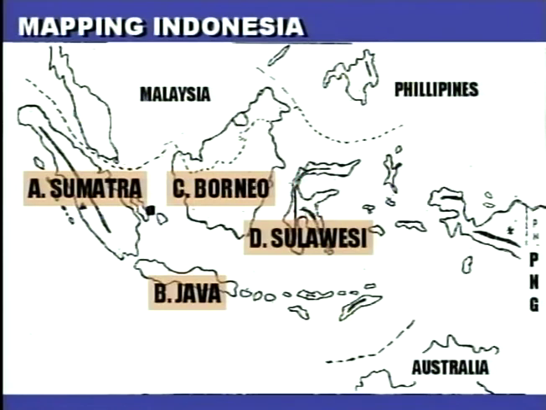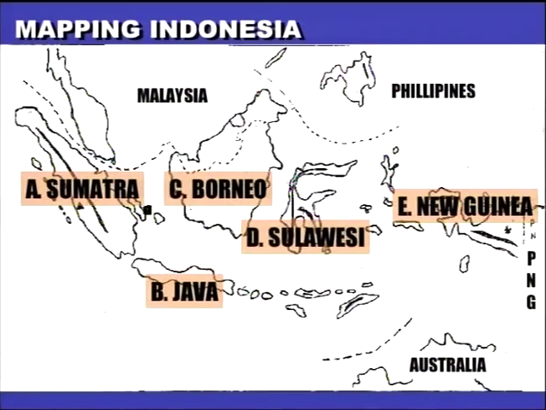So island E then is going to be New Guinea. And New Guinea, mainly the western part of it, is referred to as Irian Jaya. So that I do not contradict what I stated earlier on, we are going to make the correction that island E, this whole island here, is New Guinea, but the western part of it is Irian Jaya.